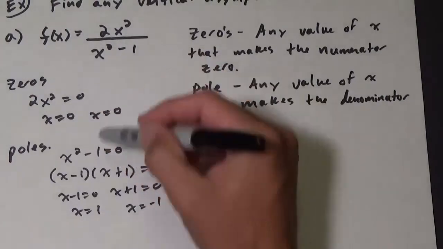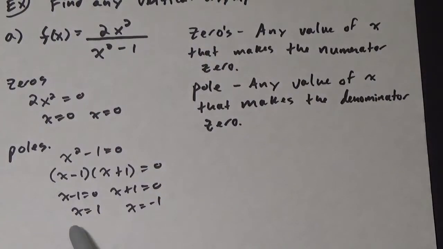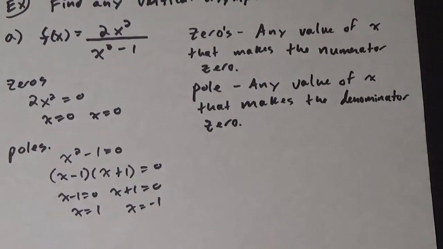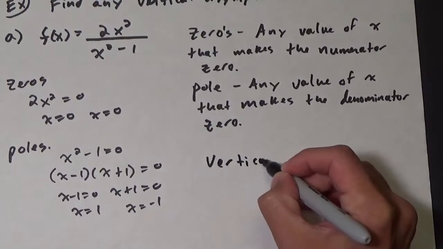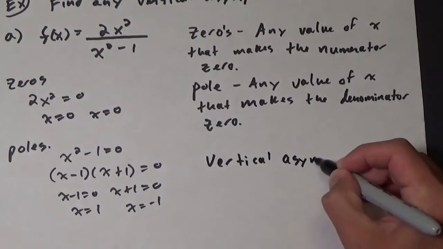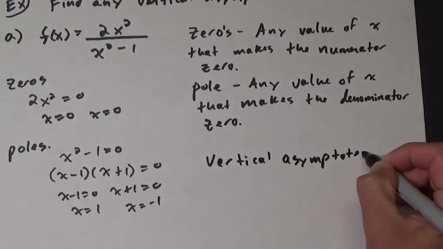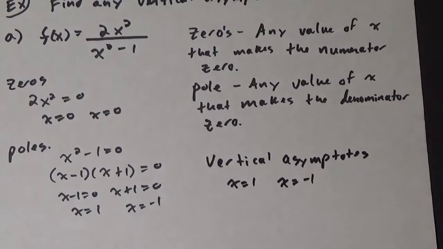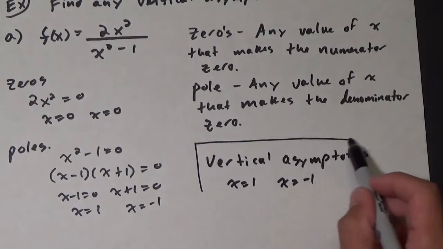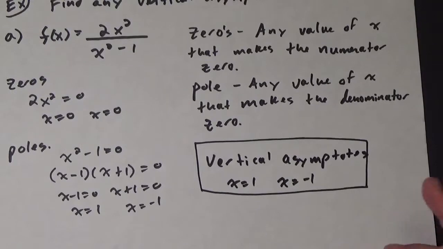Because these poles do not have any associated zeros, that means these are both vertical asymptotes. So for this problem, we have vertical asymptotes at x equals 1 and x equals a negative 1. And so that would be the answer to this.